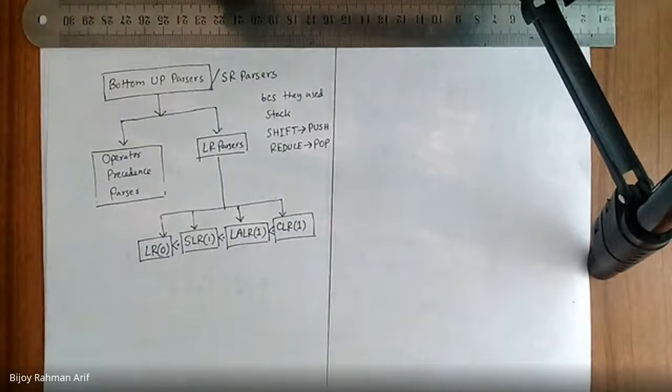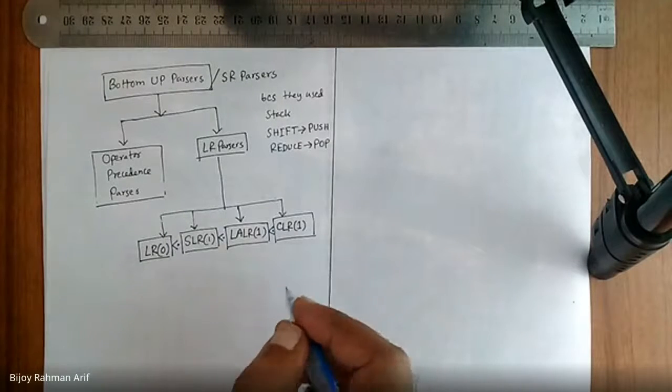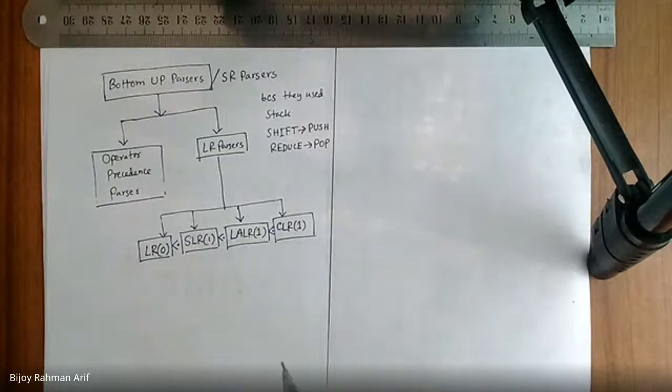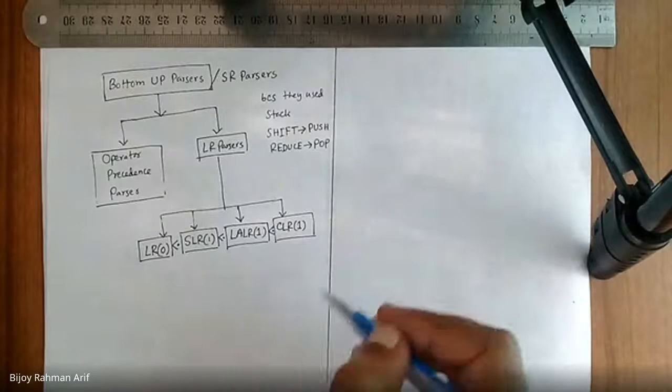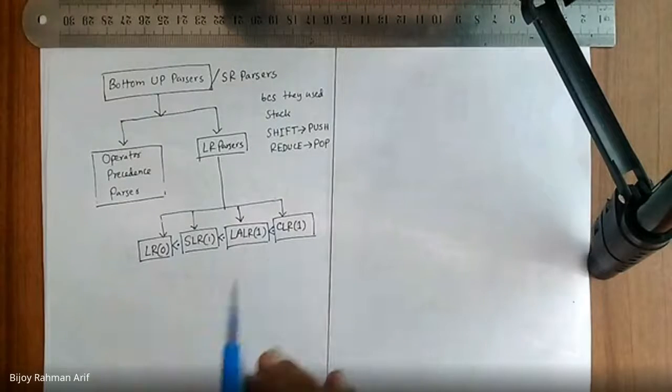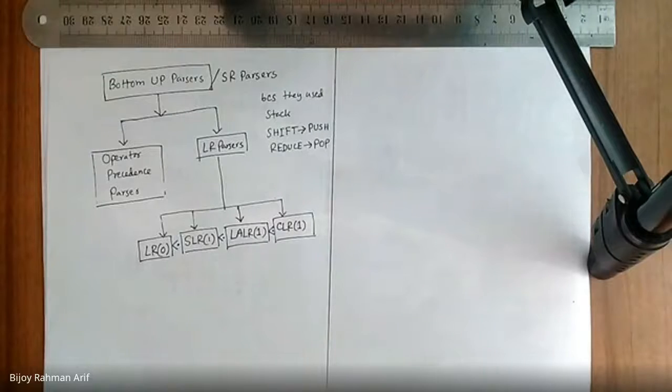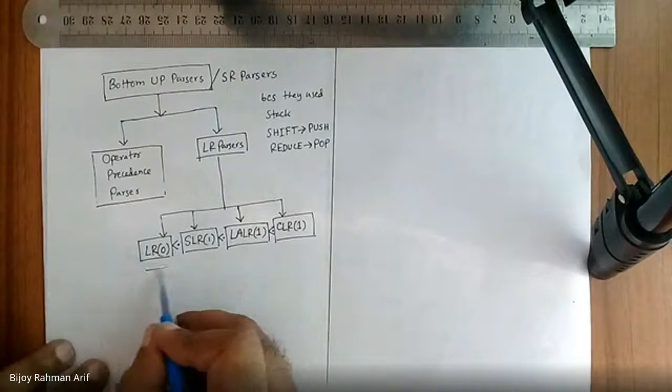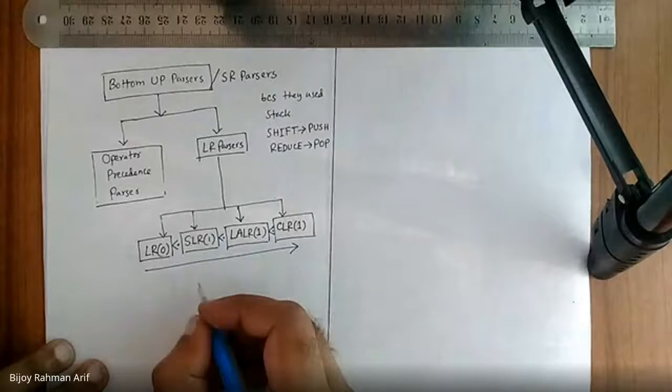So you might argue, sir, CLR2, CLR3, CLR4, are they powerful? Yes, they are powerful. If you increase the look ahead, definitely they become more powerful. But if you consider the family, then CLR1 is the most powerful. Do you have any query? So this is the rate of power increment.